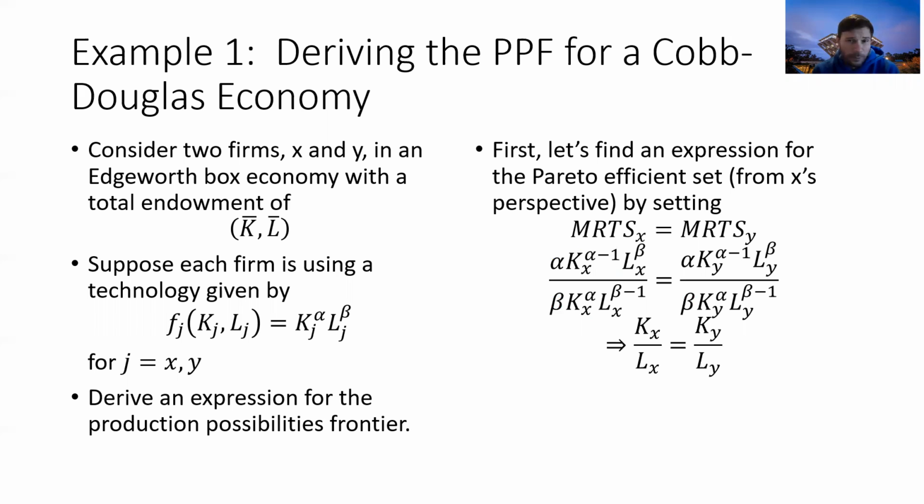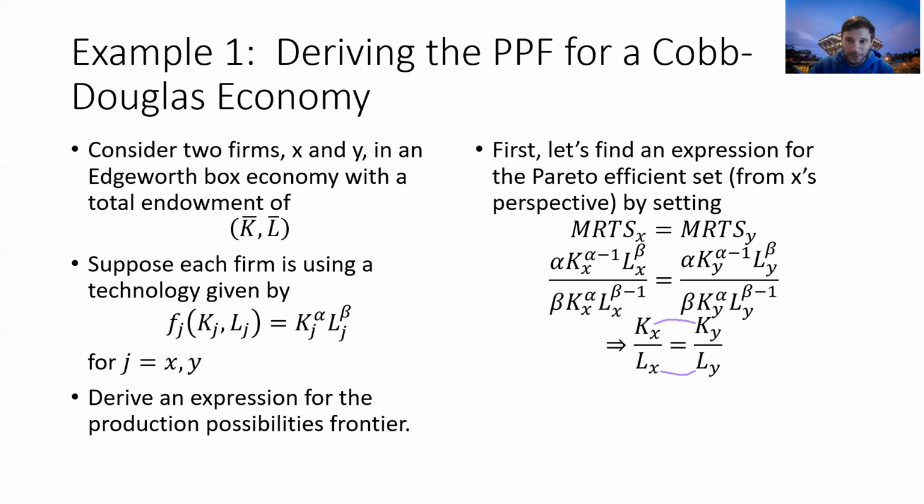And then hopefully you remember how we found the Pareto efficient set when we were dealing with the pure exchange economy, right? Looks like we have 4 variables here, but we know KX and KY are related to each other through what? These things are related. What relates them? Good. It's the endowment through the resource constraint. Right?